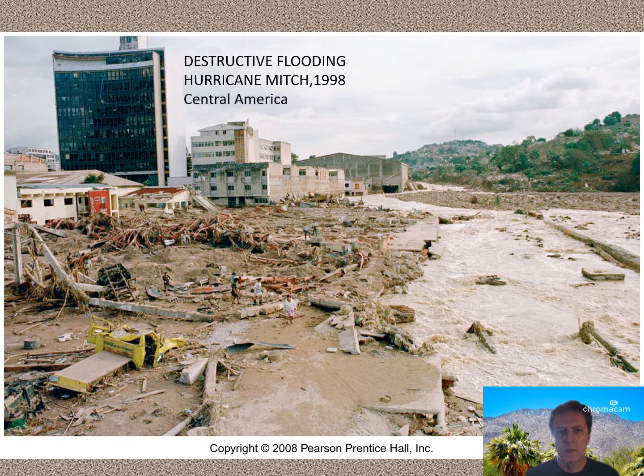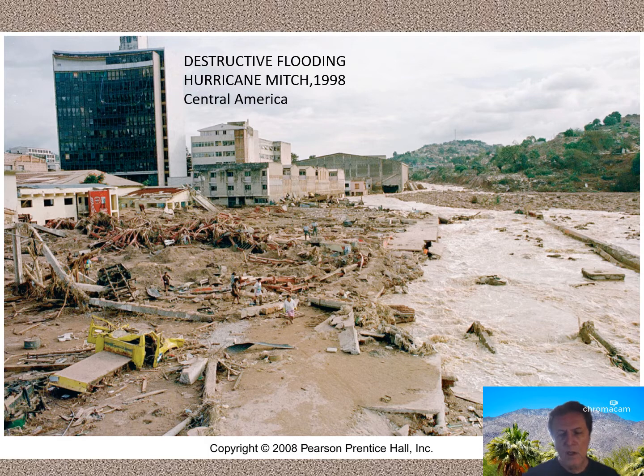Now let's talk a little bit more about how sediment gets from one place to another through the process of erosion. Erosion removes sediment and transports it to somewhere else. How? Well, by flooding is one way. In 1998, there was a hugely destructive hurricane called Hurricane Mitch in Central America.